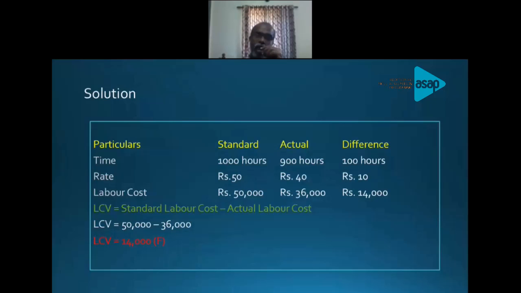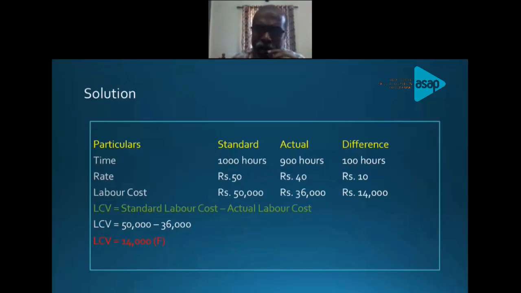Let's have a detailed look at the causes of this 14,000. How the difference arises. Students are expected to learn precisely why this difference arises. While going through the table, you can see there are two reasons for the difference in the labor cost.